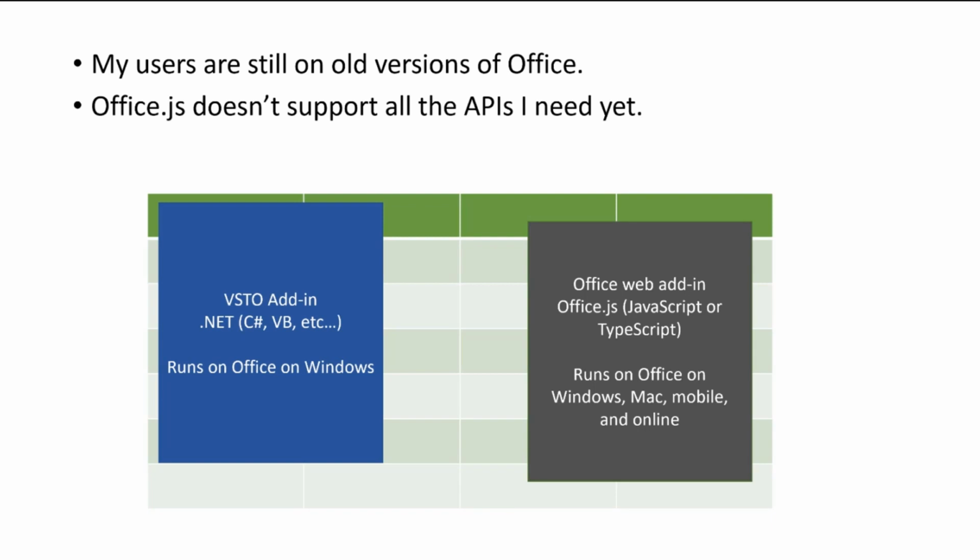A good hybrid approach is to keep the VSTO add-in and also have the Office web add-in as a complement to it. On Windows, if folks need all the functionality, they have the VSTO add-in. If they move cross-platform, they may or may not have all the functionality, but at least they'll have some. So you're not completely shut out of running cross-platform.